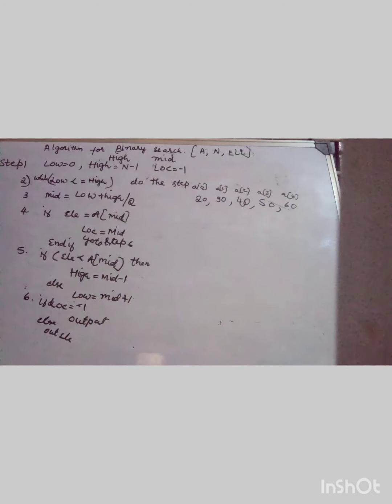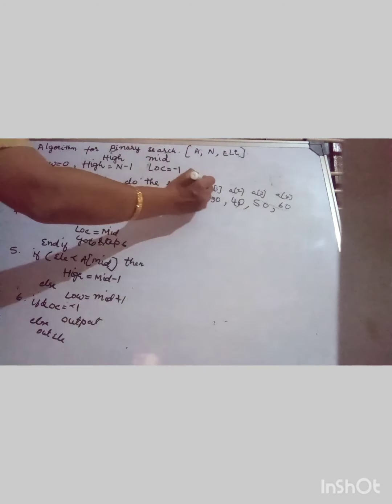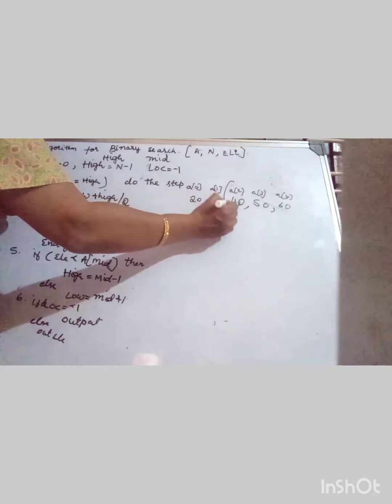While we are considering the first position, the elements are arranged in ascending order. That's why low is less than or equal to high. Mid is equal to low plus high by 2, which means 0 plus 4 by 2, that is equal to the second position.